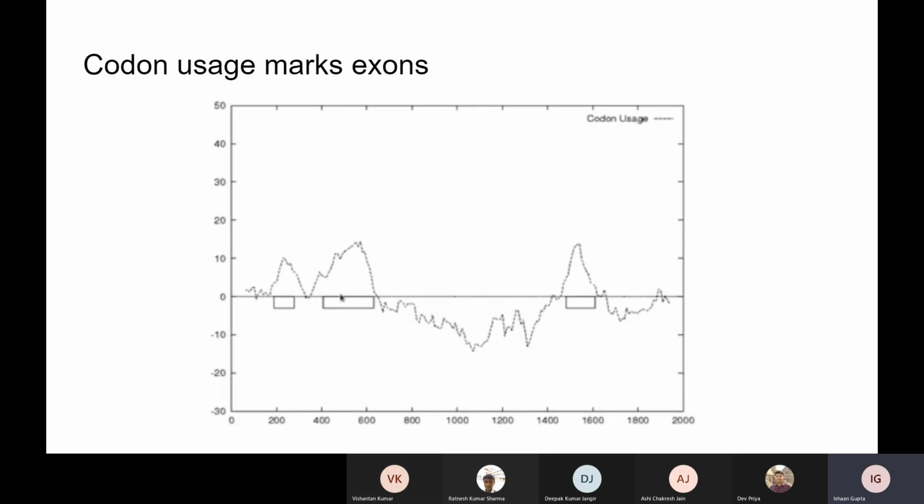So you can basically do this for all the 6 frames, and in each of the 6 frames, you have 64 codons, right? You count for each codon what is the frequency, and maybe you can take a median or an average frequency of each of the codons.